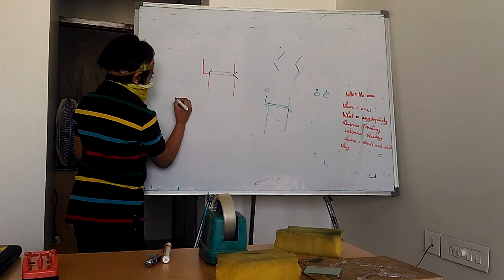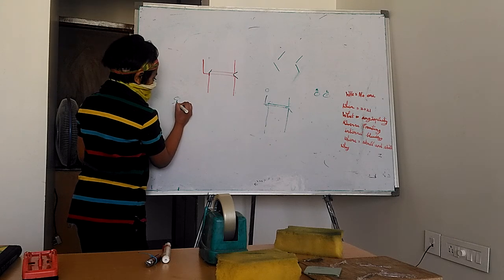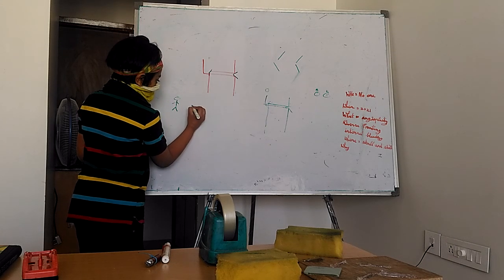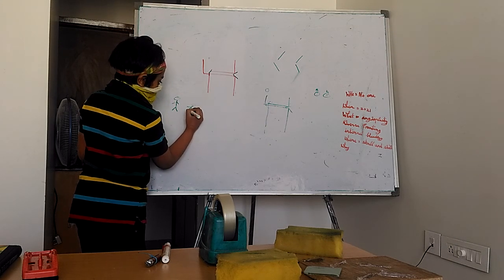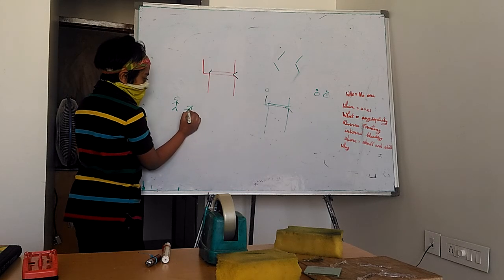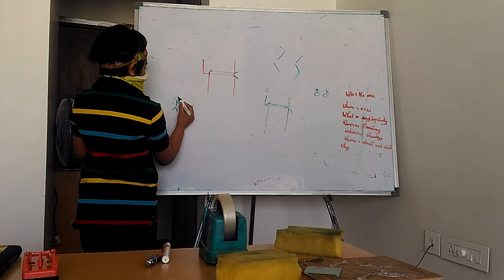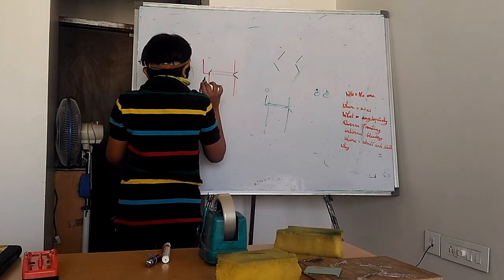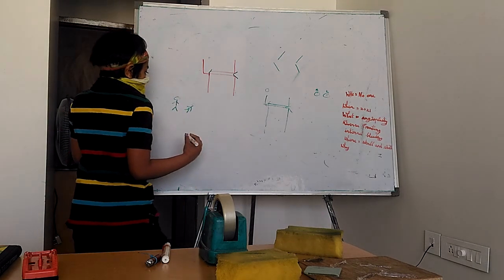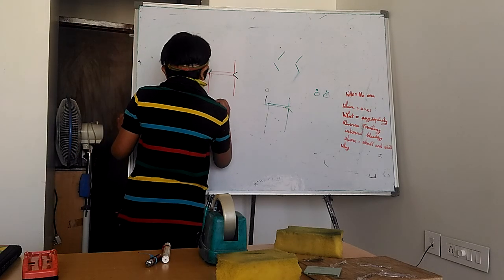So imagine this is the doctor and this is the patient. This patient has an internal bleeding. So they have to print what's bleeding, and they will print it.